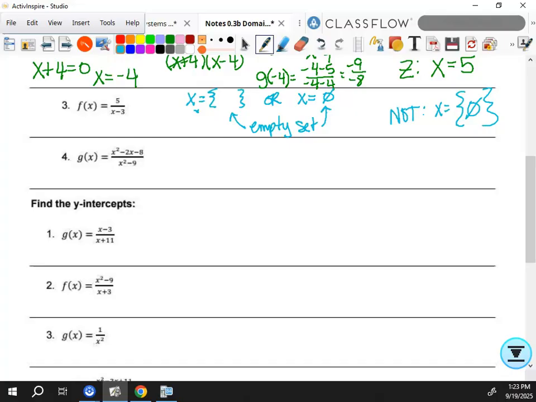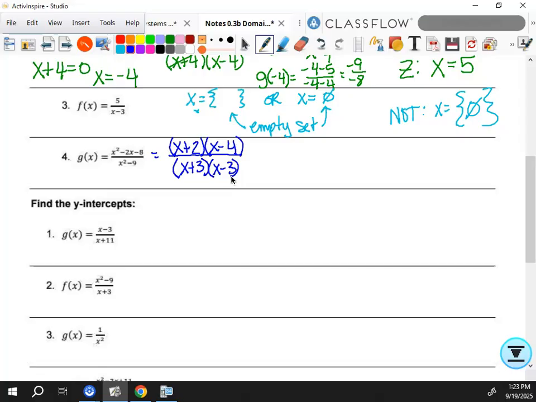All right, so let's factor number 4. I'll have x plus 2, x minus 4, and then x plus 3, x minus 3.